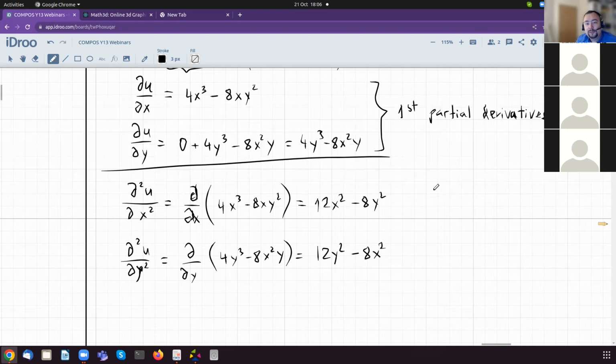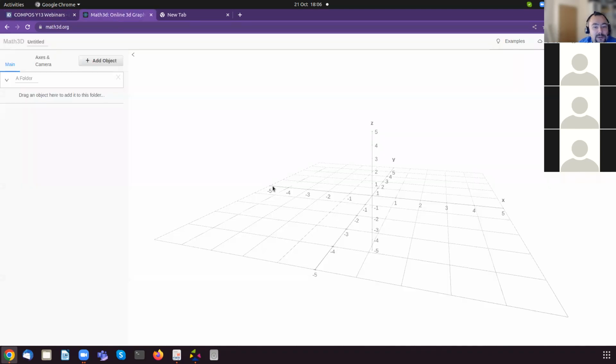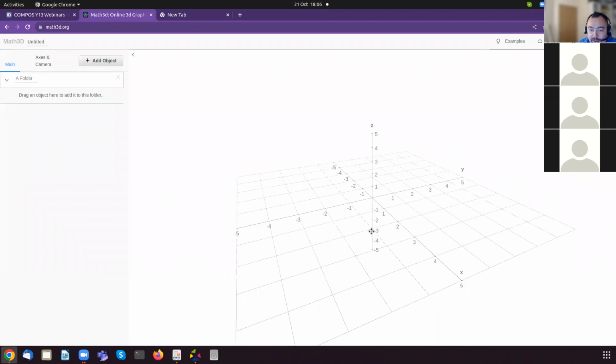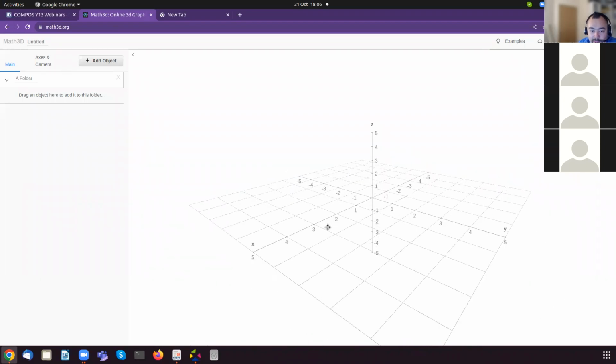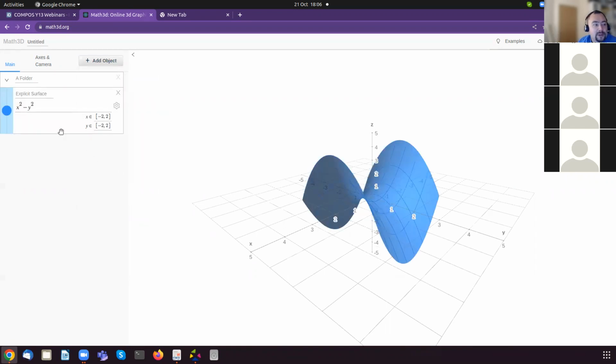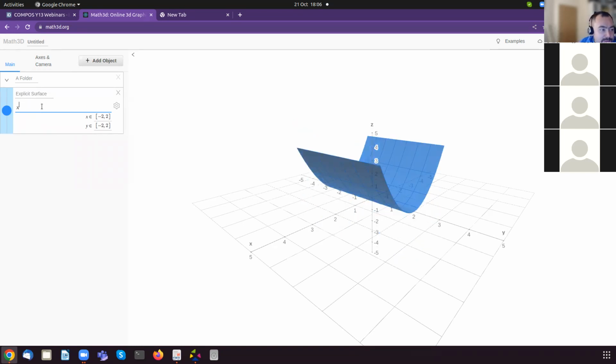The partial derivative is the rate of change of a function in one particular direction. So let's have a look. For example, let's take a 3D graph. This is a very useful tool if you like to draw 3D graphs. And let's add a surface. Perhaps not this one.